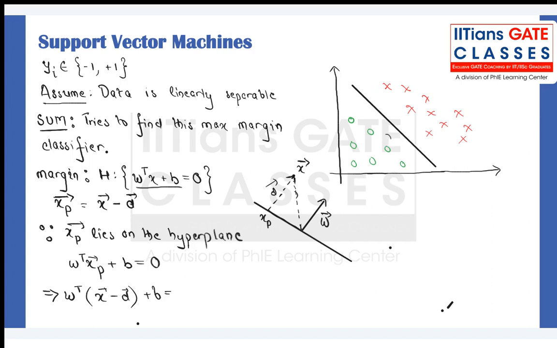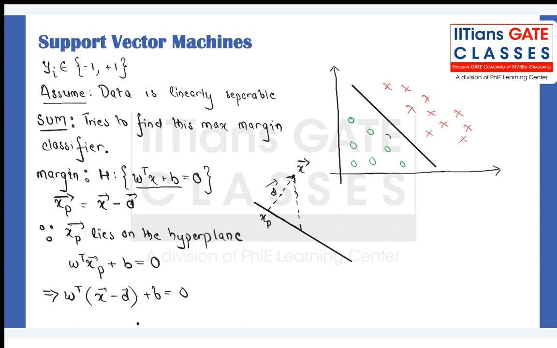Also, one more thing you can understand here is that since W is perpendicular to the hyperplane, d is also perpendicular to the hyperplane. d and W are parallel.